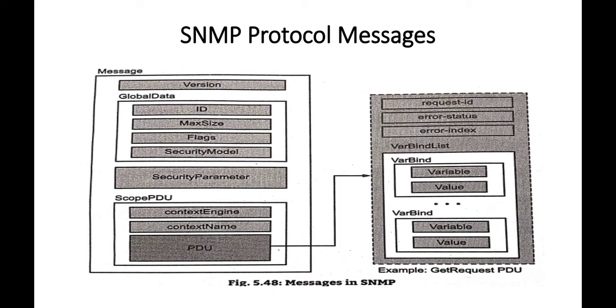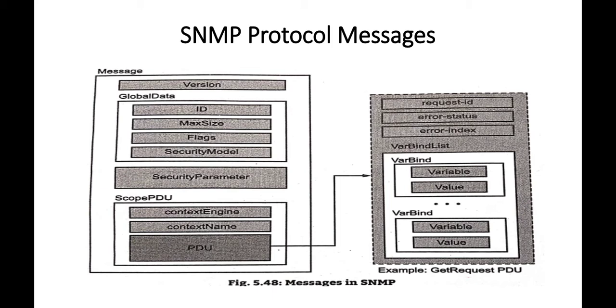The request ID field is a sequence number used by the manager in the request PDU and repeated by the agent in the response. When you apply the ID on the request, the agent can easily and properly respond to each and every request according to its request ID.